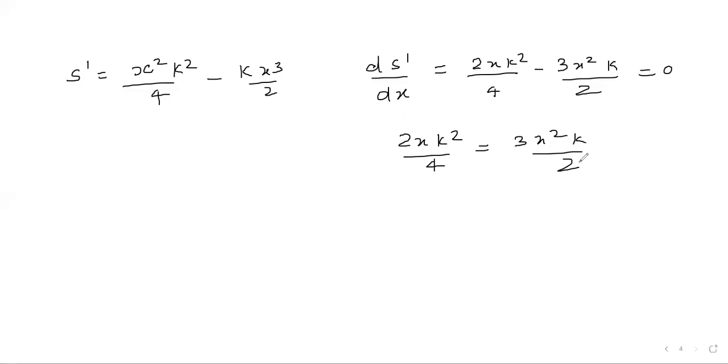So if we multiply by 2 each term, this will become 4 and then these terms will cancel out.